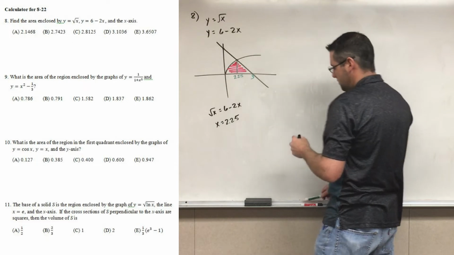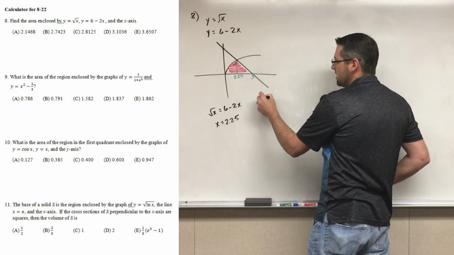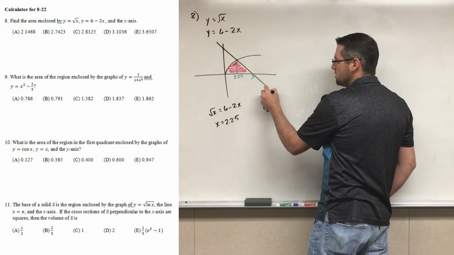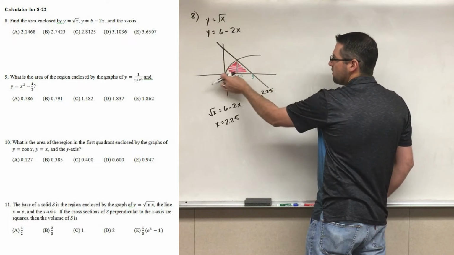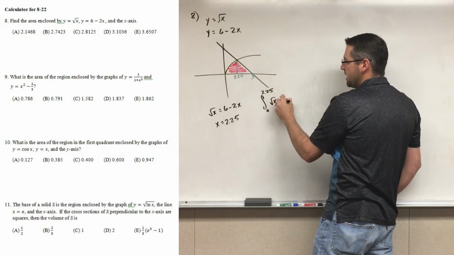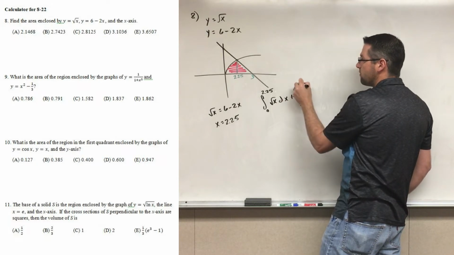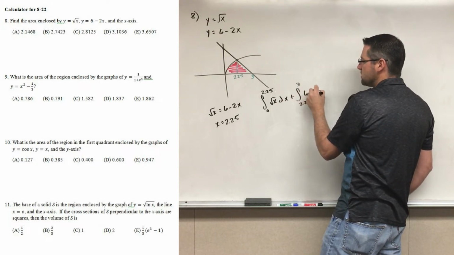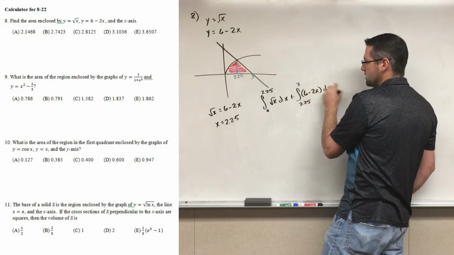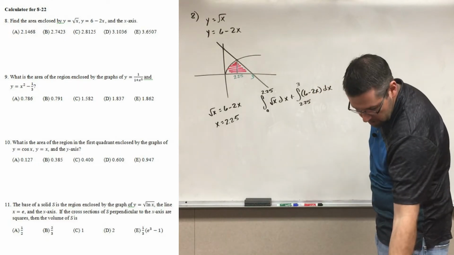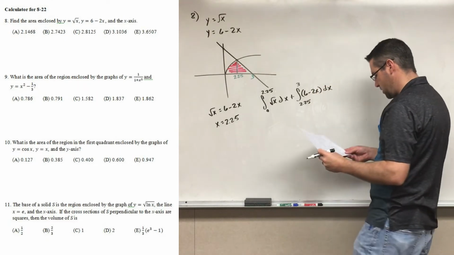So our equation for our area is going to be the integral from 0 to 2.25 of our radical function, dx, plus the integral from 2.25 to 3 of 6 minus 2x dx. And then from there, because it's a calculator problem, we're just going to plug that into our calculator.